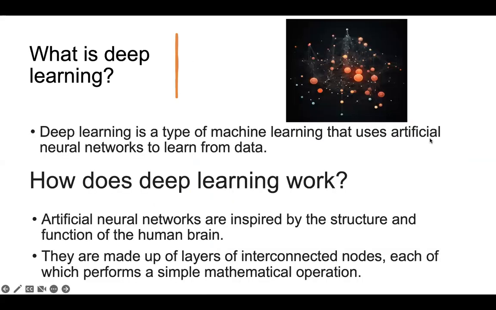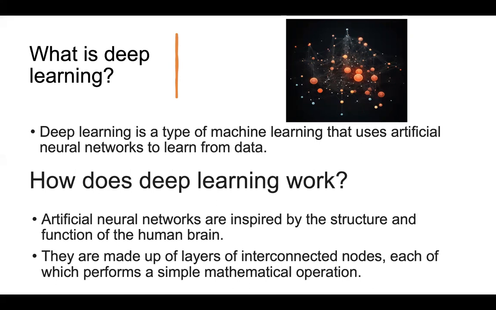Then we have something called deep learning. What is deep learning? It's a subset of AI where we try to use neural networks. It's a modification of what we did earlier using traditional models like supervised and unsupervised learning. But here we use a mechanism based on the way our brain works.